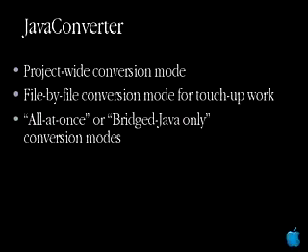OK, so what did you see? Java converter has different modes of functioning. It has a project-wide conversion mode, a file-by-file conversion mode for touch-up work, and an all-at-once or bridge Java only conversion mode. So what are the different steps you can accomplish?